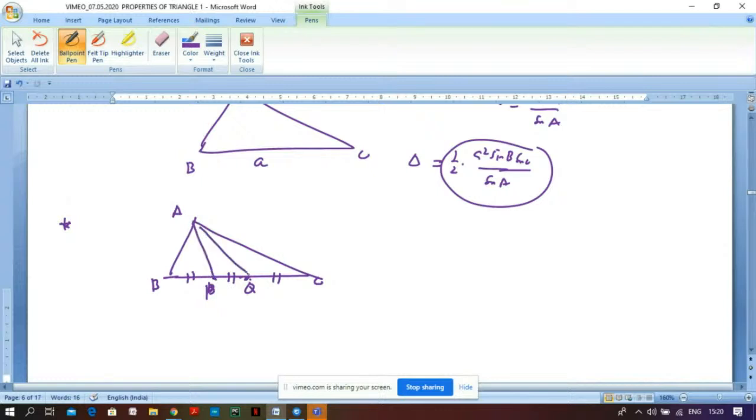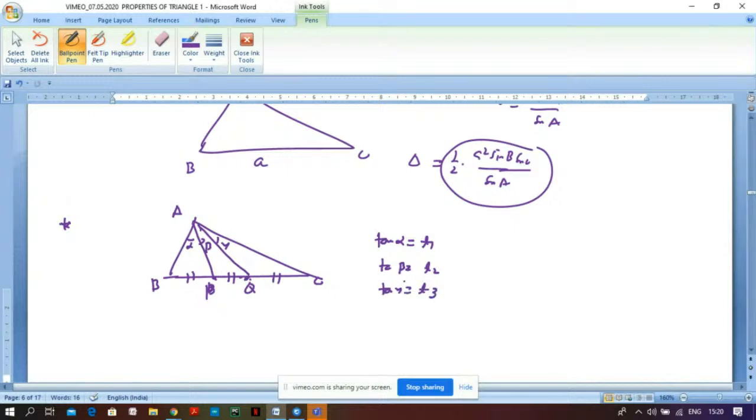So just join P and Q, and call the angles alpha, beta, and gamma. And you were given that tan alpha is T1, tan beta is T2, and tan gamma is T3. So these things are given.